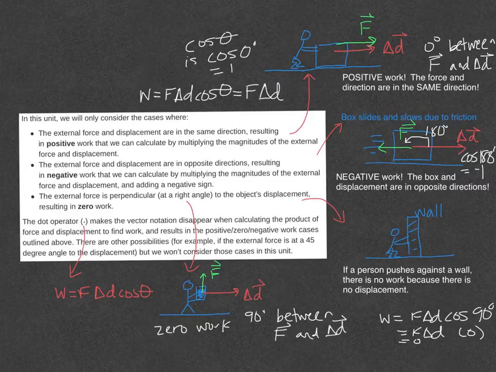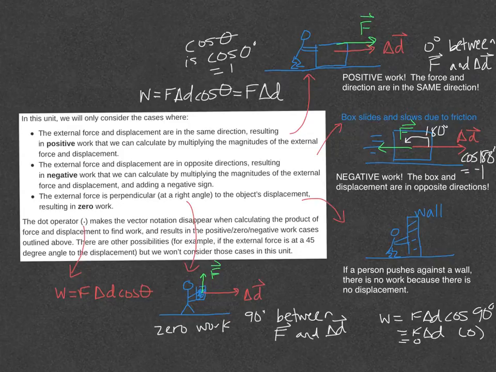So those are the 3 cases of work. You can have other values of theta besides 0, 180, and 90. You might have something in between these, but we won't consider that in this course or in this unit. We'll just do these main 3.